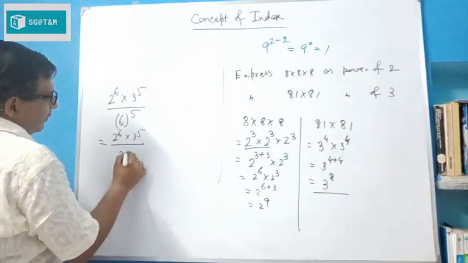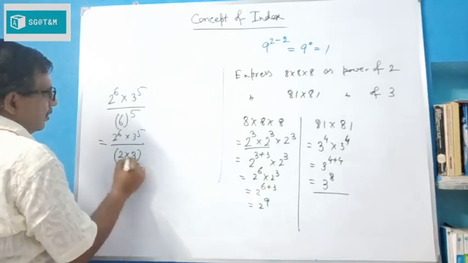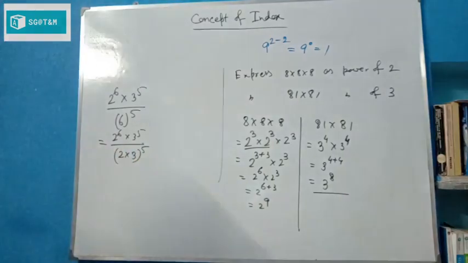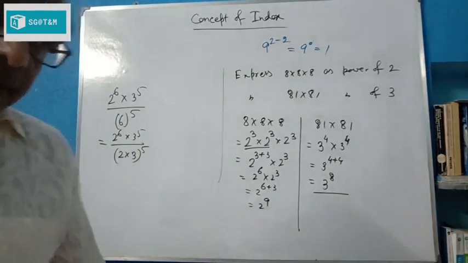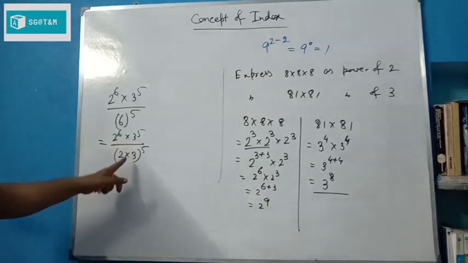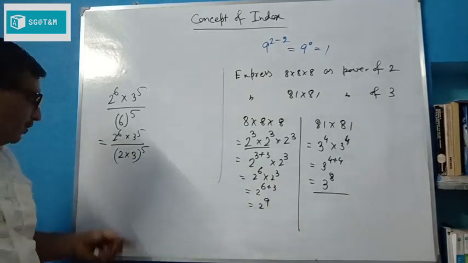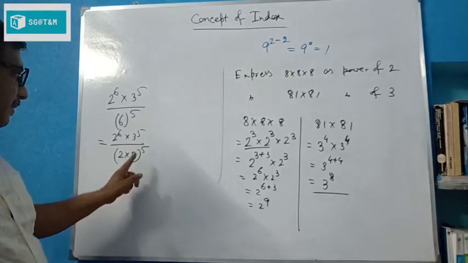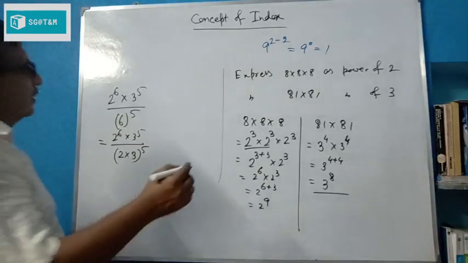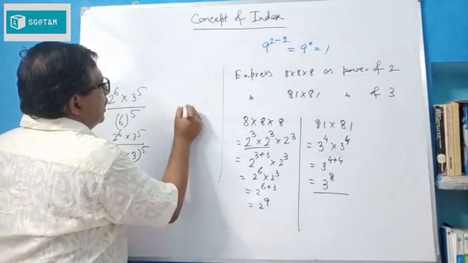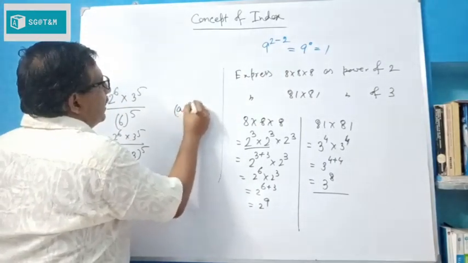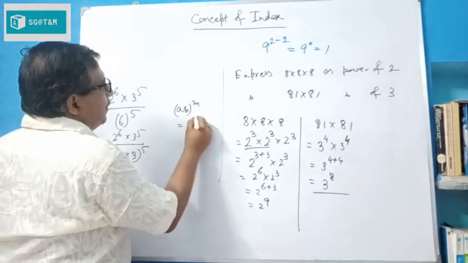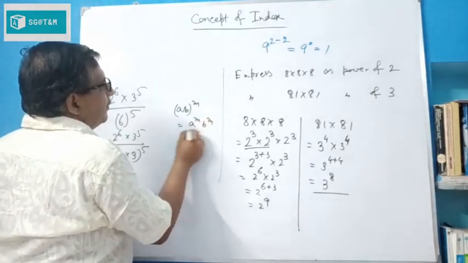6 can be written as 2 into 3. Why do we write 2 into 3? Since here 2 and 3 are present, 6 can be written in this way, 2 into 3. So 2 into 3 whole to the power 5 first. Next, remember the formula, a into b whole to the power m, that is equals to a to the power m into b to the power m.